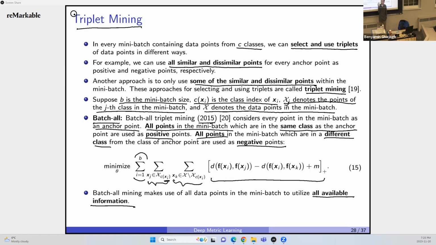So for an anchor, what is the hardest triplet that we can make, to be hardest for the neural network, for the Siamese network training? We want to take it hard on the neural network training. What is the hardest case? Can you answer?